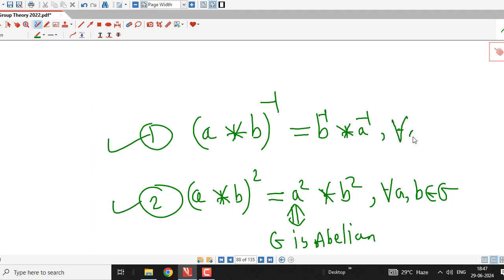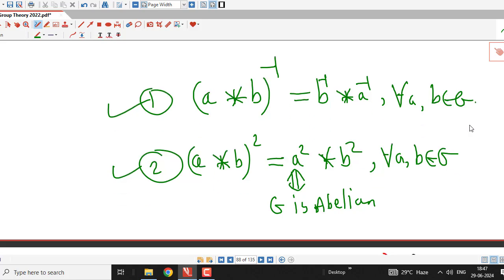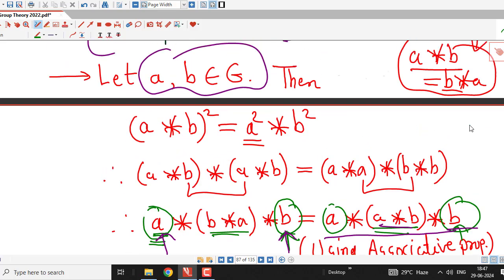So these two are very nice results of group, and they are very easy to prove as we have done in this session. So this is all about this session.